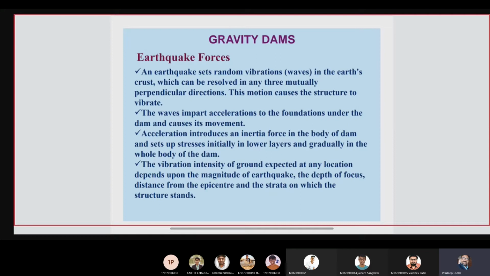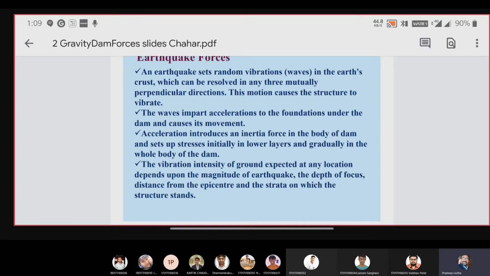So before going into the complication of earthquakes, let's simplify how the forces would be exerted by the earthquake on the structure. Today's structure is a gravity dam, on which the earthquake is going to have its impact. So let us begin.